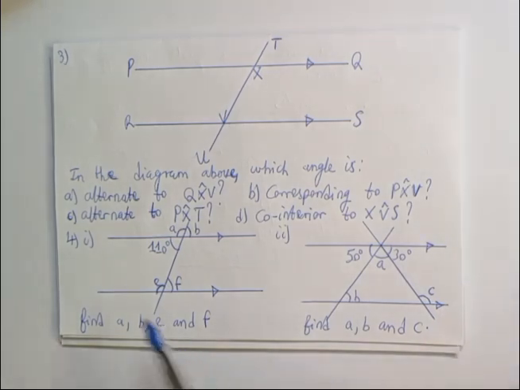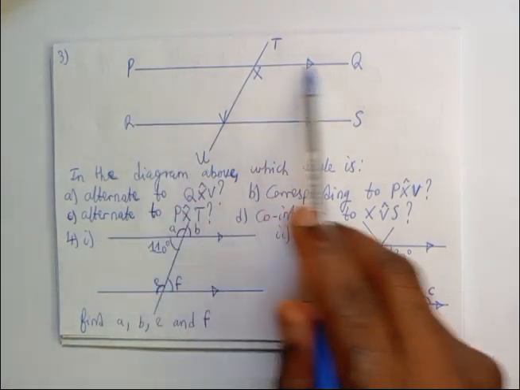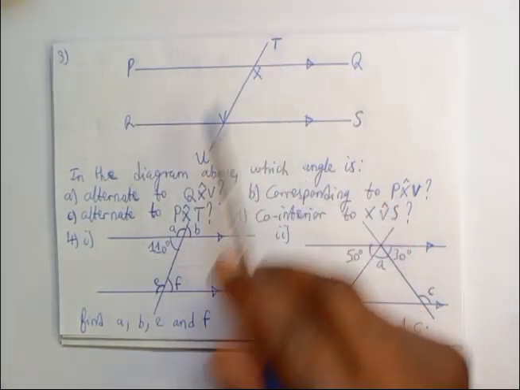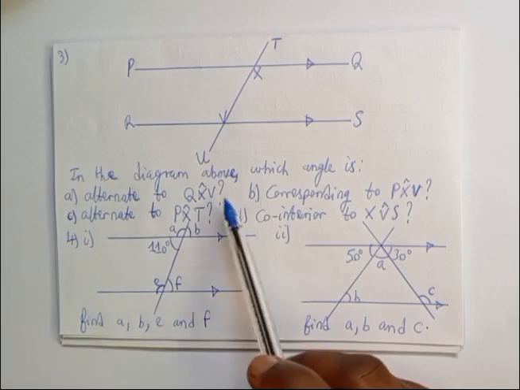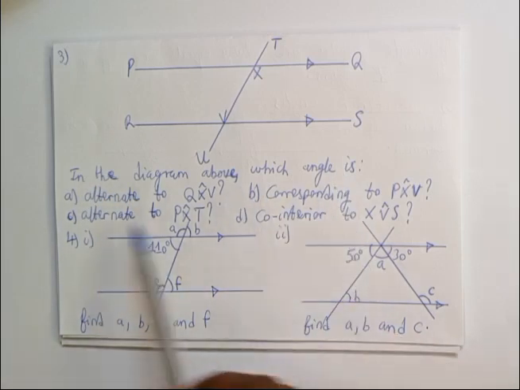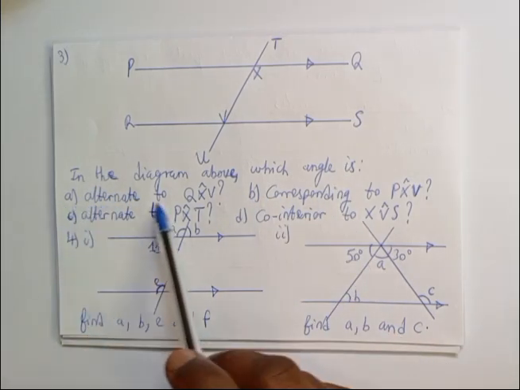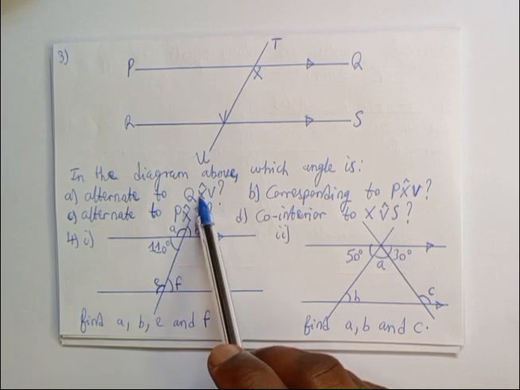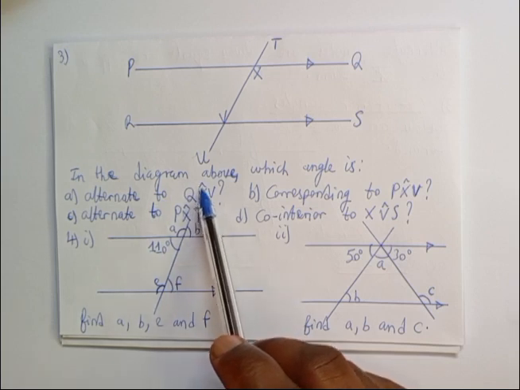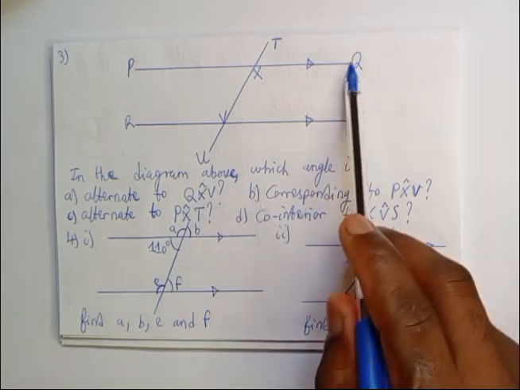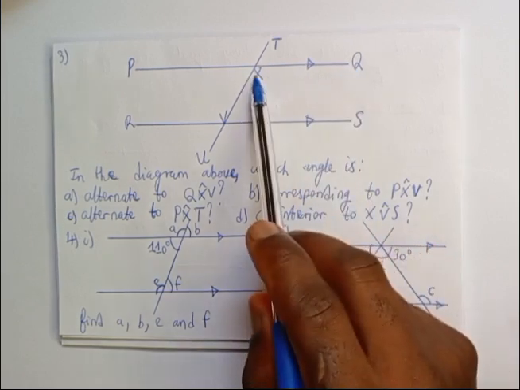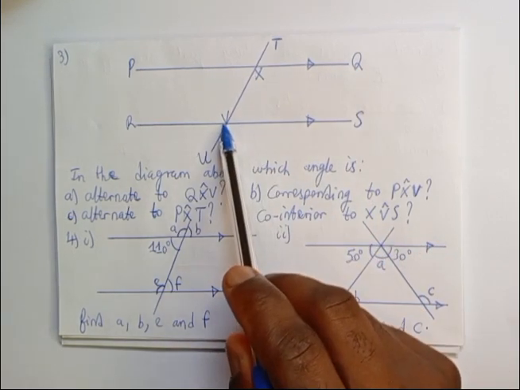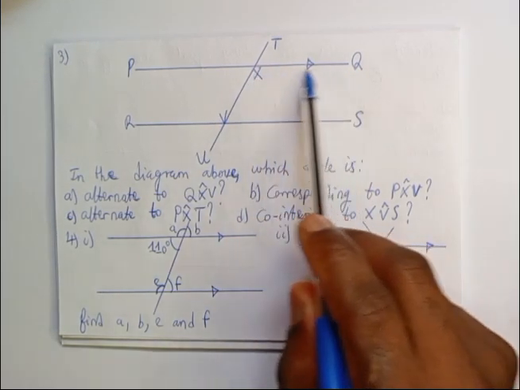For question 3, you can see the two parallel lines with a transversal. In the diagram above, which angle is alternate to angle QXV? This is Q, this is X, this is V. Which angle is alternate to this?